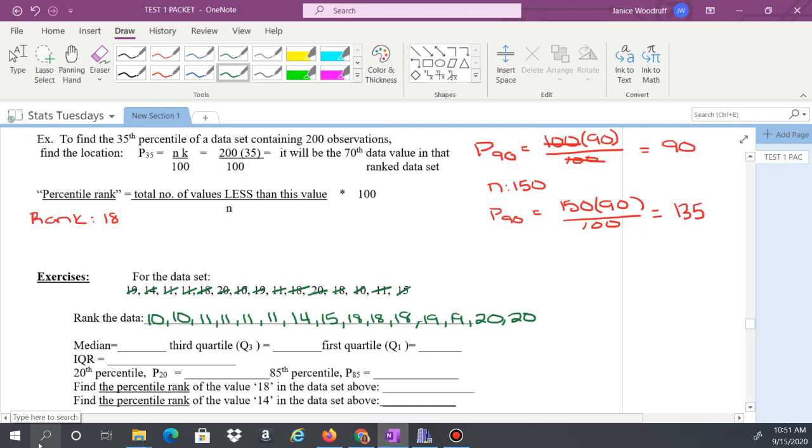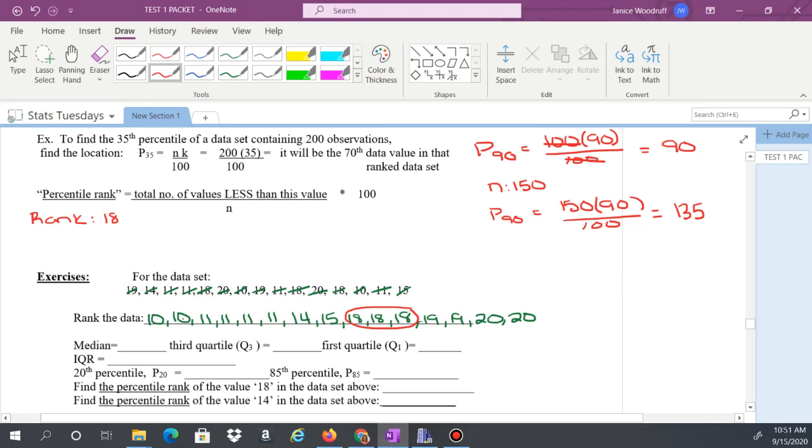Okay, so we want to find the percentile rank of the number 18. You're going to find the number 18. It's right here. There's 3 of them, but it doesn't matter how many there are. How many are below that? 1, 2, 3, 4, 5, 6, 7, 8.